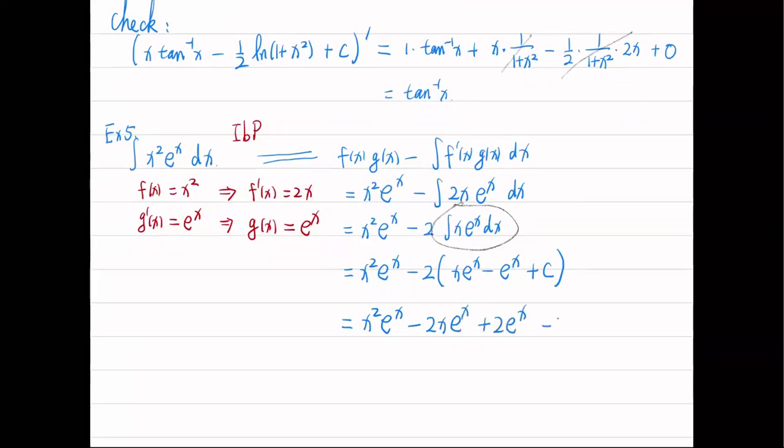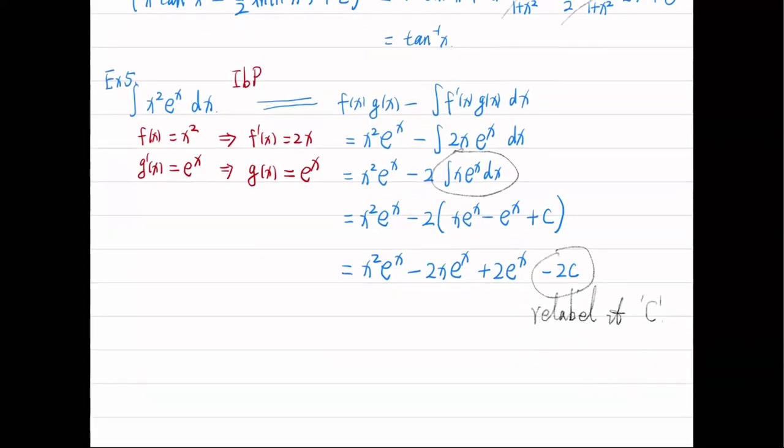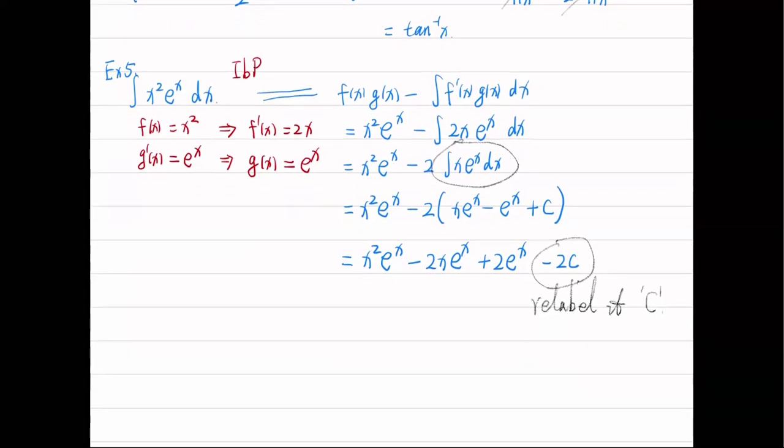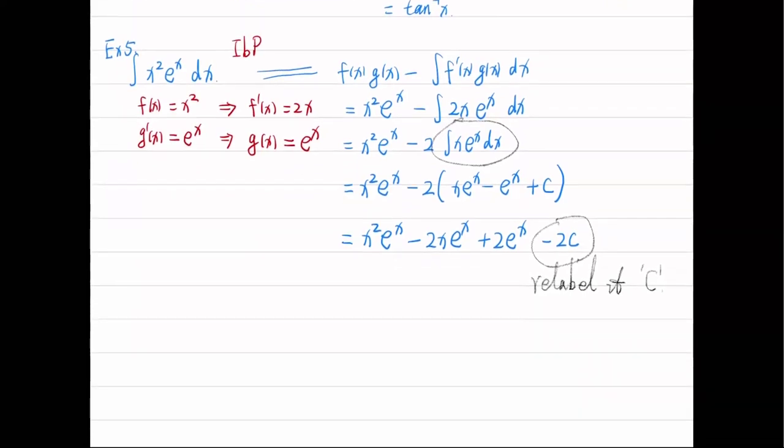We should have minus 2c, but our c stands for the integration constant, so we can relabel it. Since c is an integration constant, it's not a number. Okay, now let's see what happens if we went in the wrong direction.